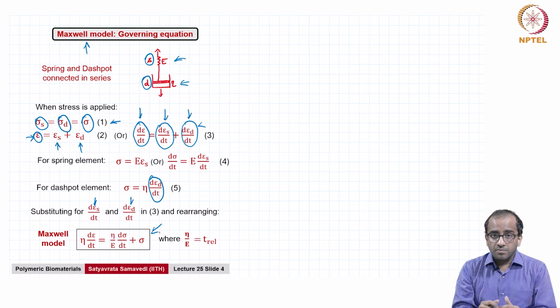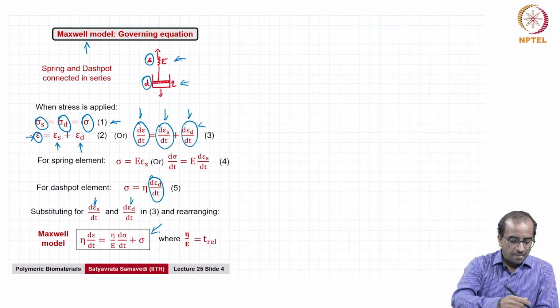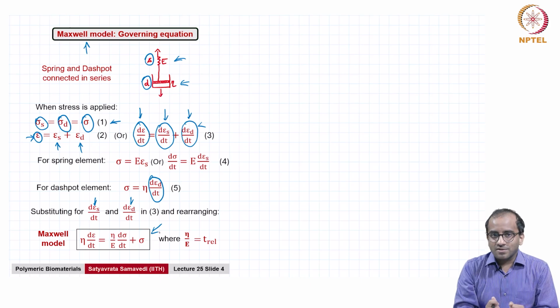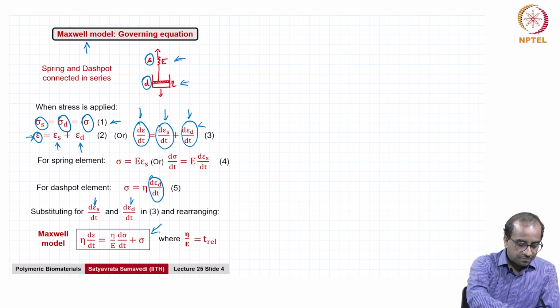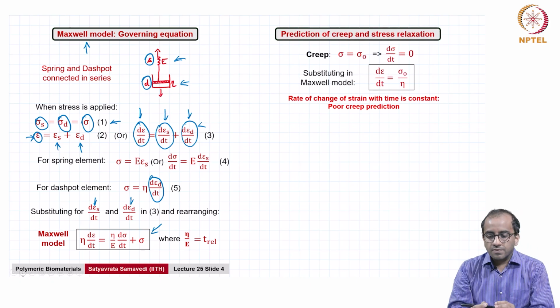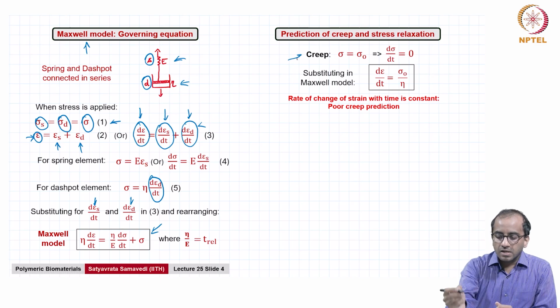In the other case, we impose a sudden constant stress and then we ask how does the strain increase with time, right? And can the model predict these things, which should at least qualitatively match what you would see in real life for polymeric materials? So first, we will look at creep.